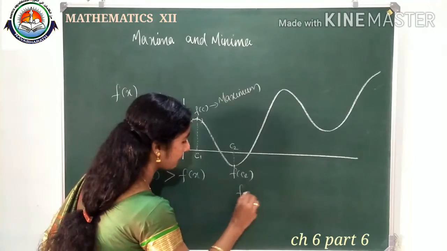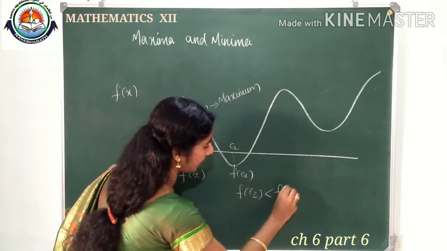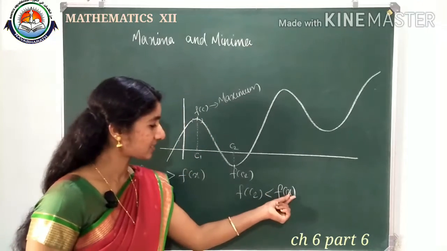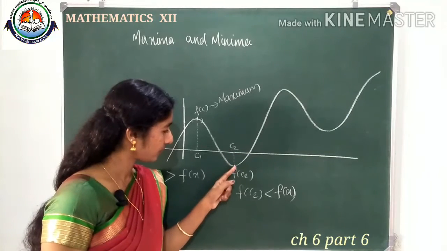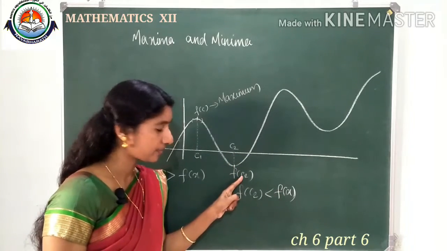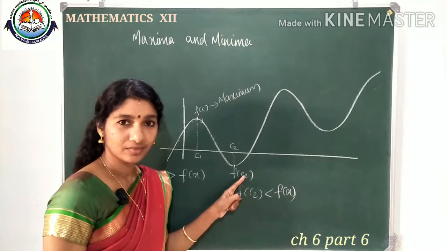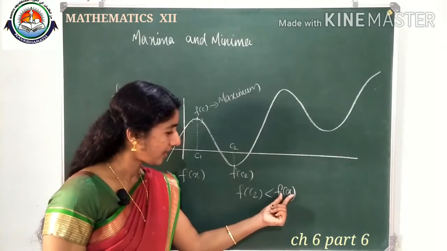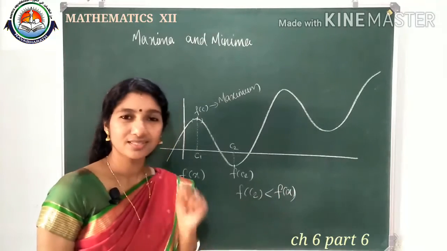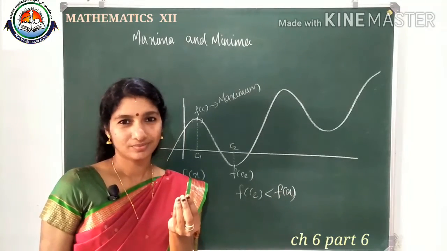That means f of C2 is smaller than f of x, where x belongs to the neighborhood of C2. That means comparing f of C2 with the left side values and right side values, f of C2 is the least value, isn't it?